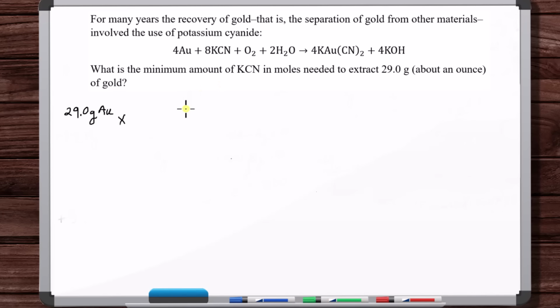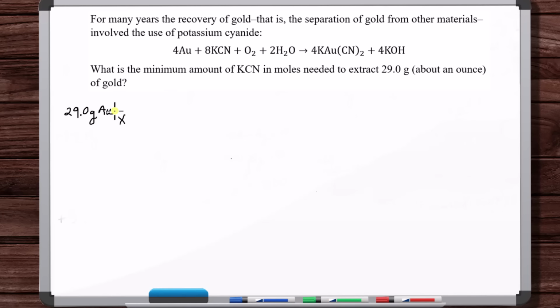Now we're going to use our stoichiometric equivalencies to get to where we want, starting here. So this is kind of confusing because I feel like this is a reactant, right? You're starting with gold in other materials, then you do the separation, and you wind up with what you want, just gold by itself.